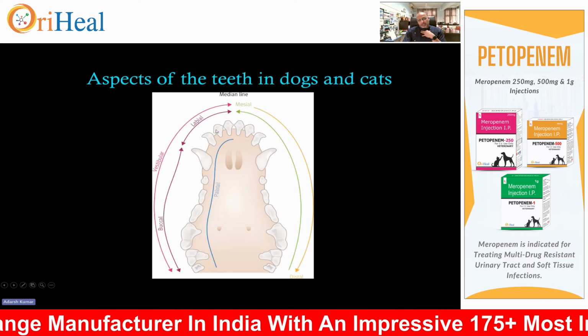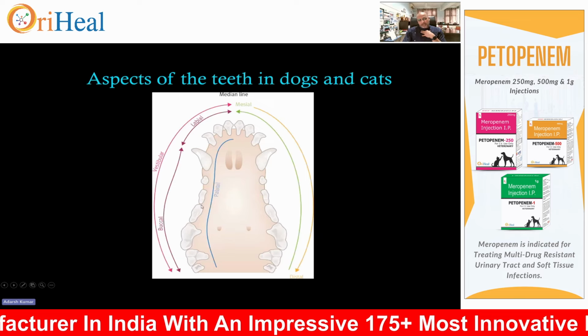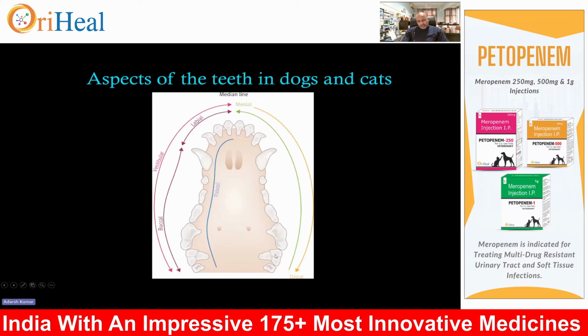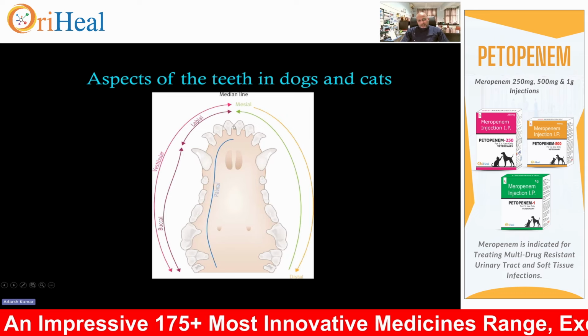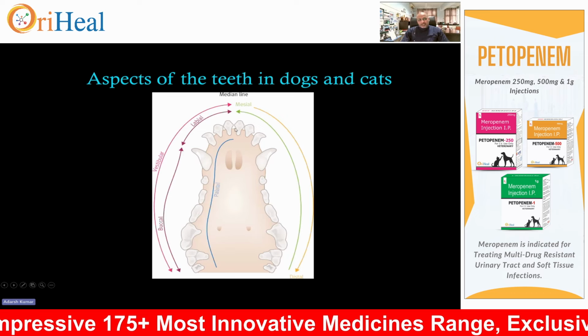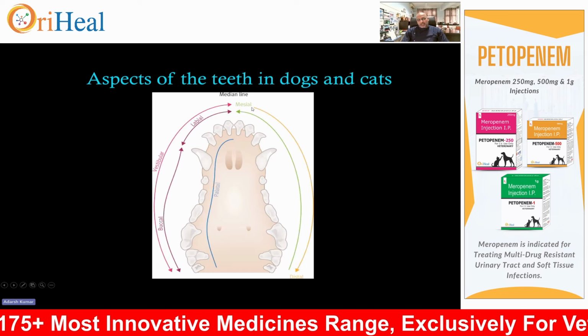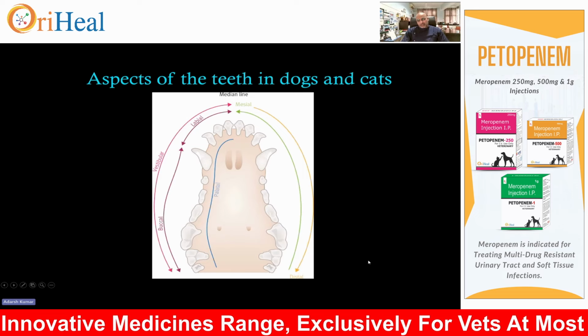Those facing the palate are the palatal surface. Starting from the front, the surface facing the first incisor tooth is known as the mesial surface, and just opposite to the mesial surface is the distal surface.